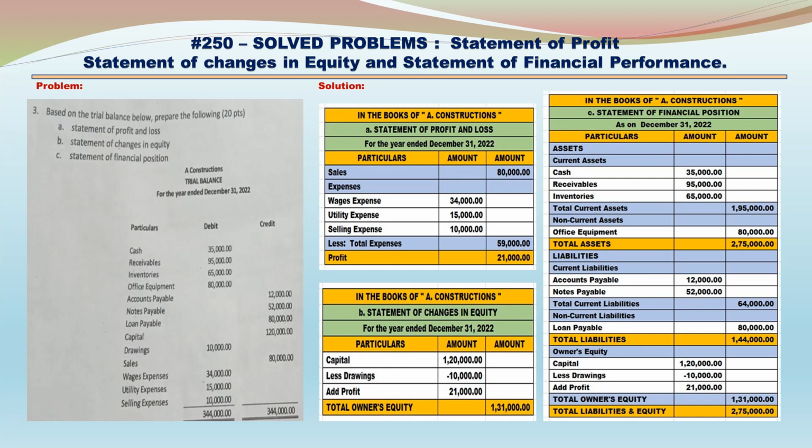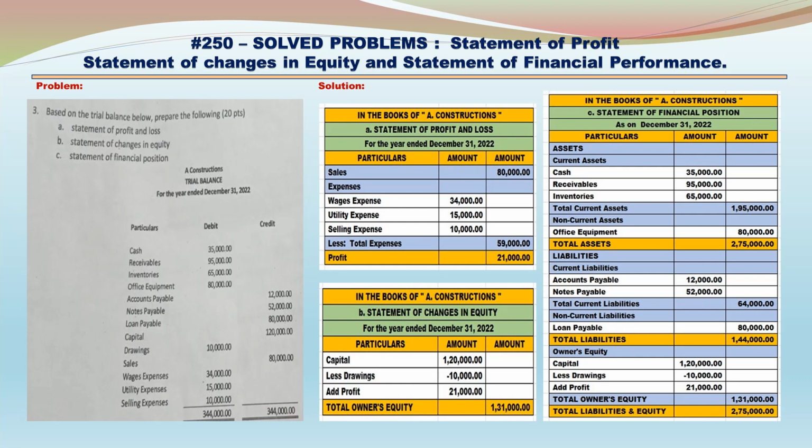In the books of A Constructions, Statement of Financial Position as on December 31, 2022. Assets, current assets: cash 35,000, receivables 95,000, inventories 65,000, total current assets 195,000. Non-current assets: office equipment 80,000. Total assets 275,000.